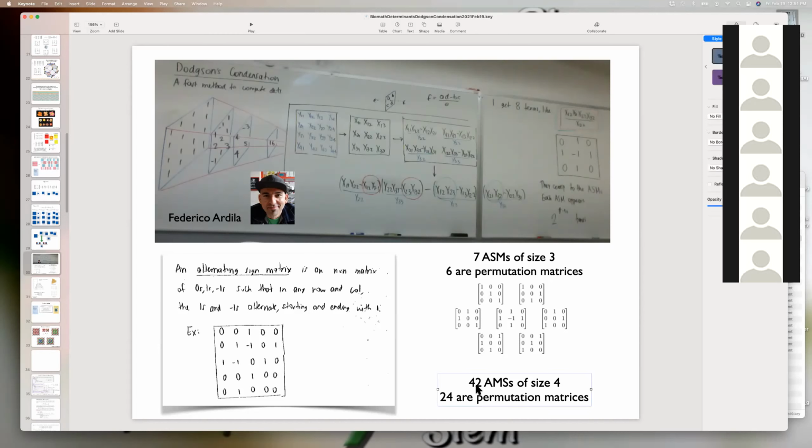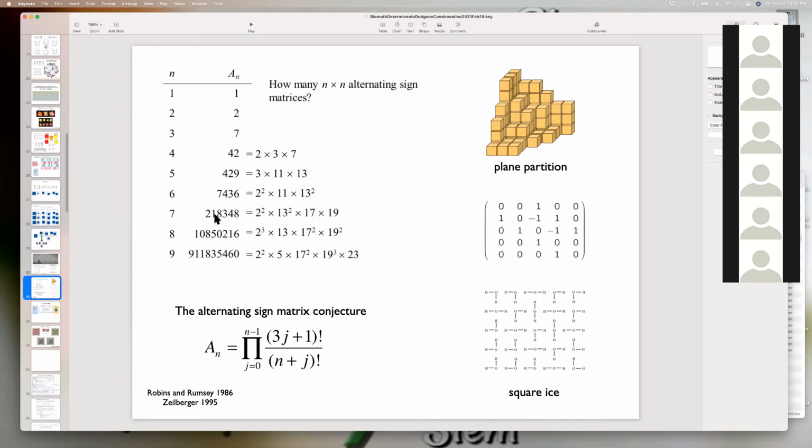It turns out that there are 42 alternating sign matrices of size 4. And it's an interesting story that people basically discovered this idea of the alternating sign matrix. Through some brilliant guesswork, they arrived at a formula for the number of alternating sign matrices of any given size.